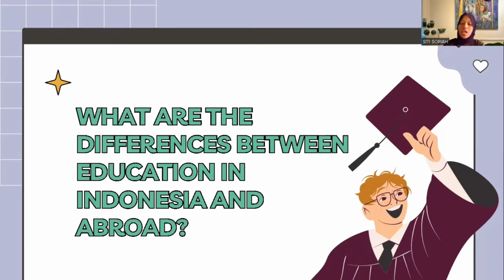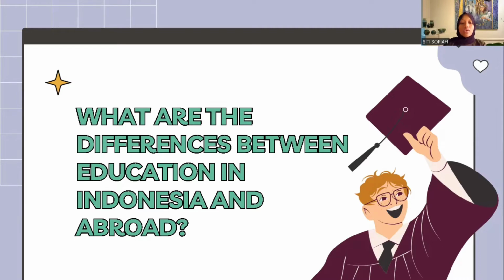And then next is the method of the teaching and learning process. In Indonesia, the teachers do not understand what the students need for their studying, but in other countries, the method of teaching and learning is very suitable for the students, because most of the teachers there understand what the students need.